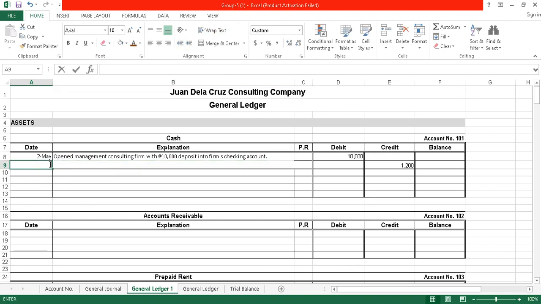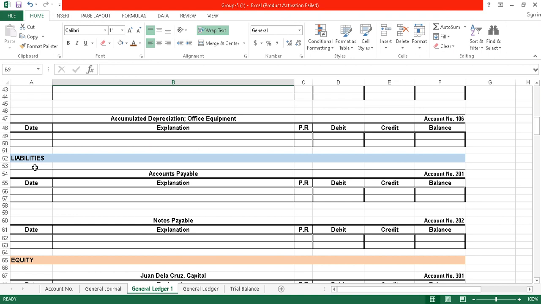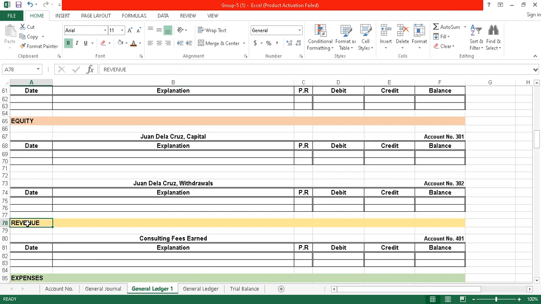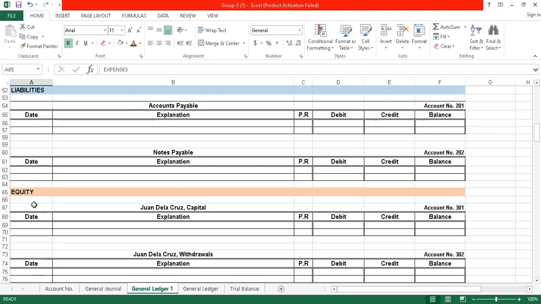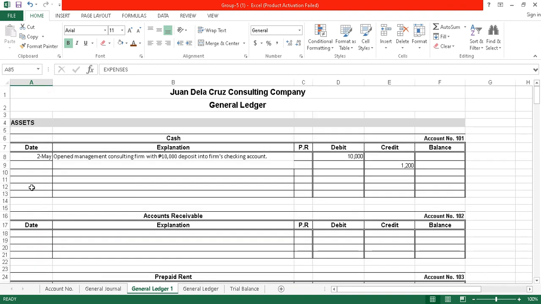It is divided into five types of accounts, which are assets, liabilities, equity, revenue, and expenses. It is color-coded so that when we prepare the trial balance, we can easily identify which is asset, revenue, expenses, or whatever.